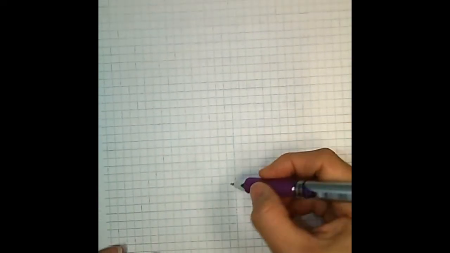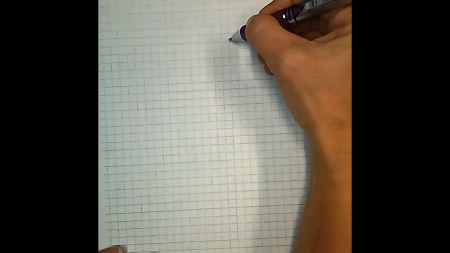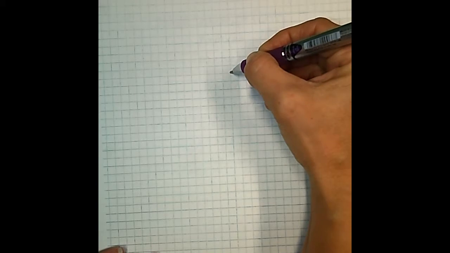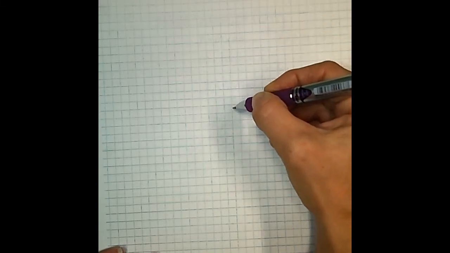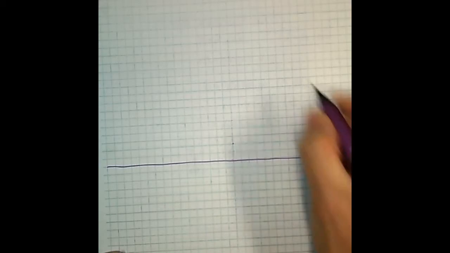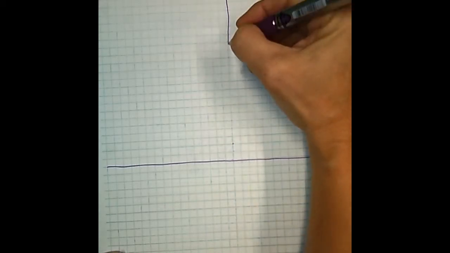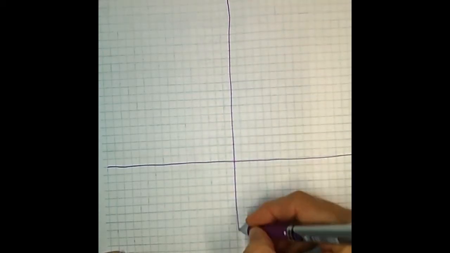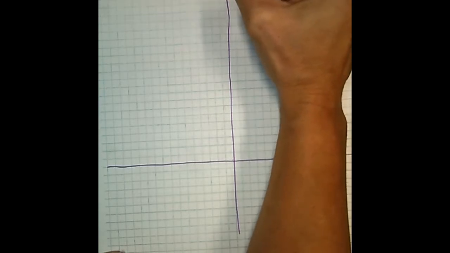So I'm going to count down from here. 1, 2, 3, 4, 5, 6, 7, 8, 9, 10, 11, 12, 13, 14, 15, 16, 17, 18, 19, 20. 1, 2. And the reason why I did this is so that I can make my graph big enough. And I'm going to split this paper in two. So I have my y-axis.